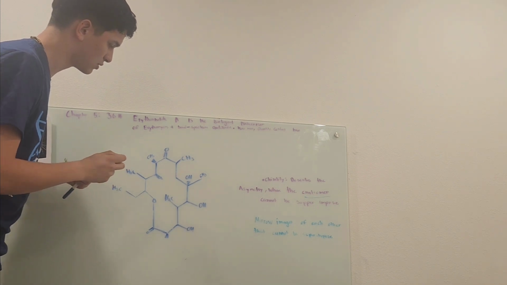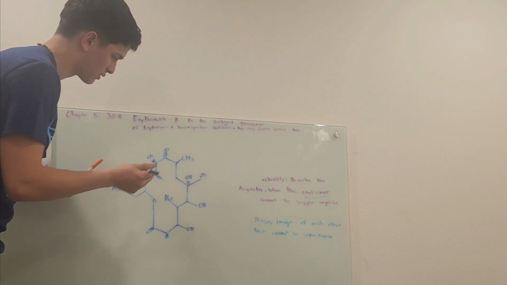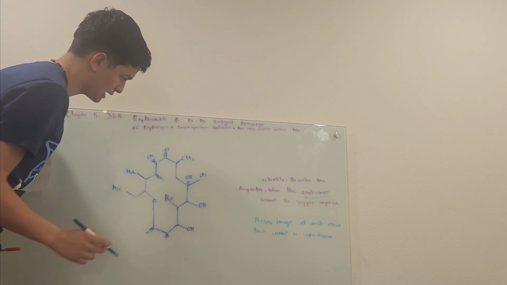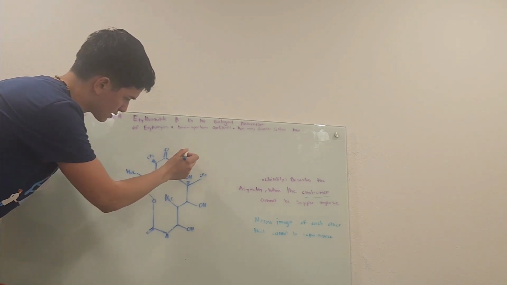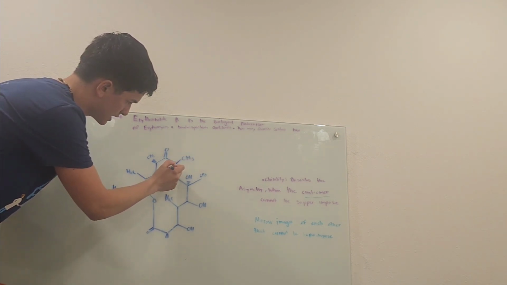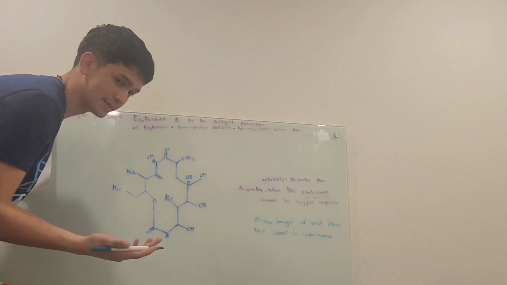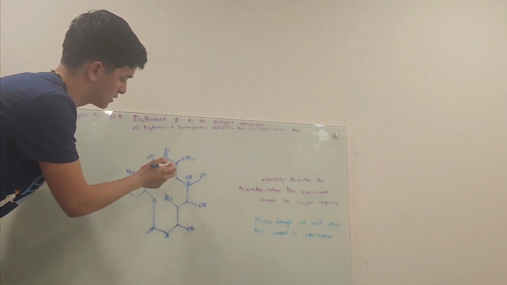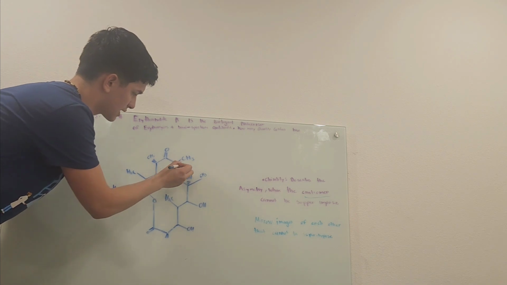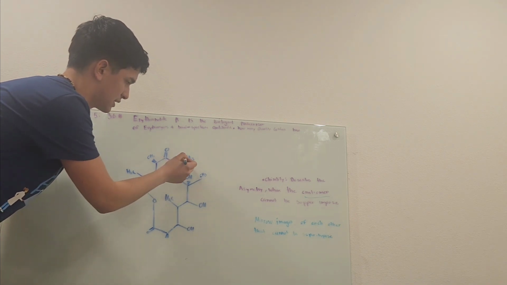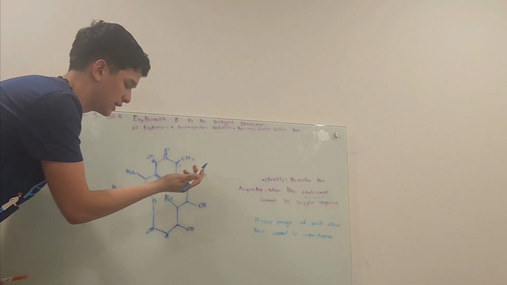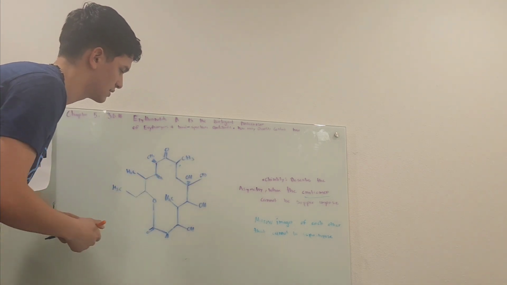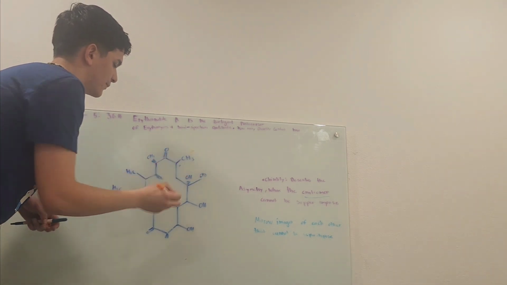So we can go to the right, to the next carbon. This carbon is attached to a methyl group. You're going to have a hydrogen here, and an oxygen and another carbon. So this is a chiral center. This carbon is attached to three hydrogens, so it's a no-go.